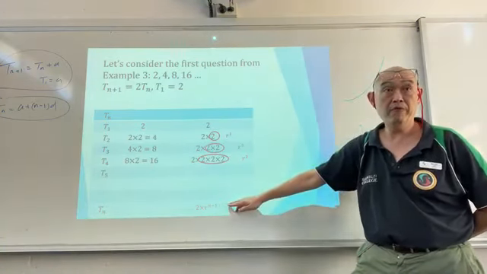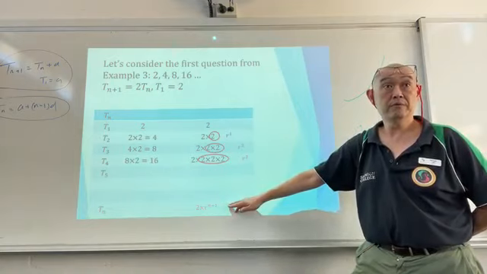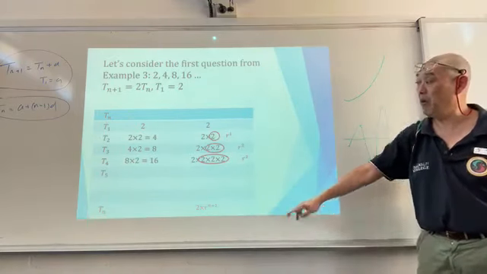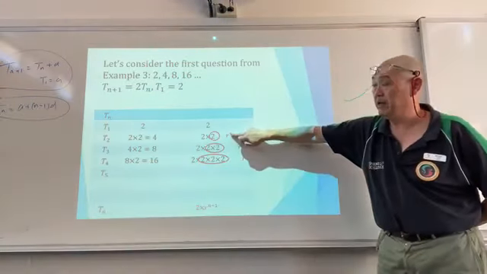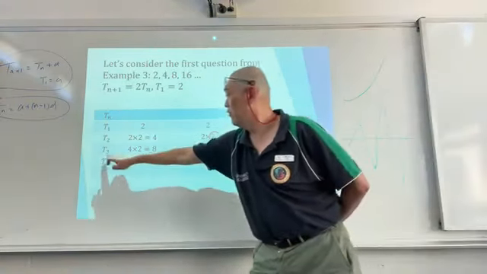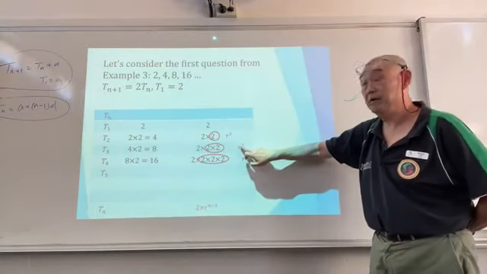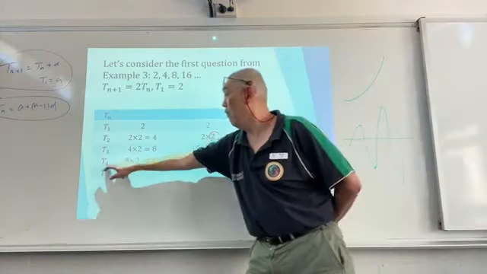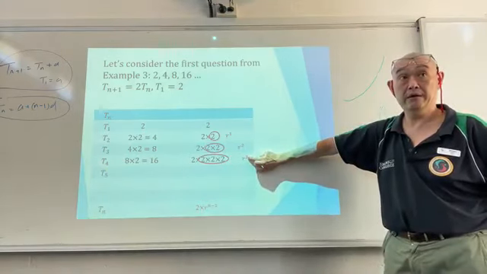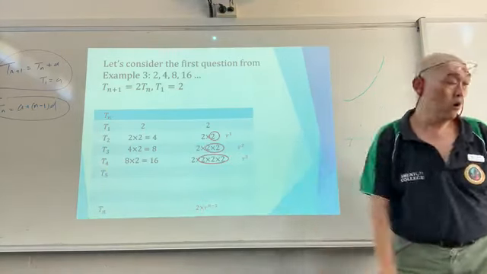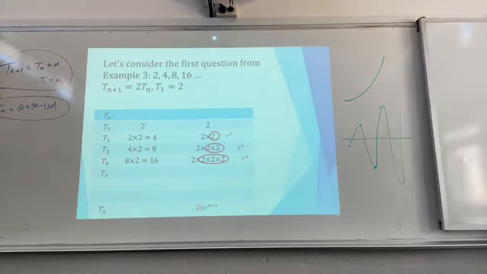R to the power of n take away 1. See, that is 2 take away 1. That gives you 1. 3 take away 1 gives you 2. 4 take away 1 gives you 3. Alright? Yeah?